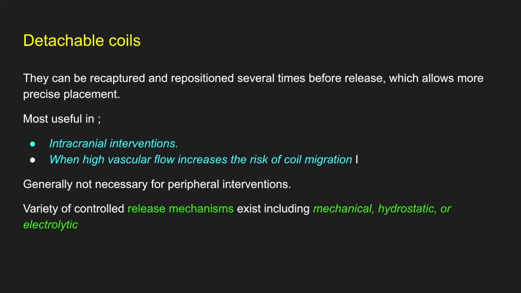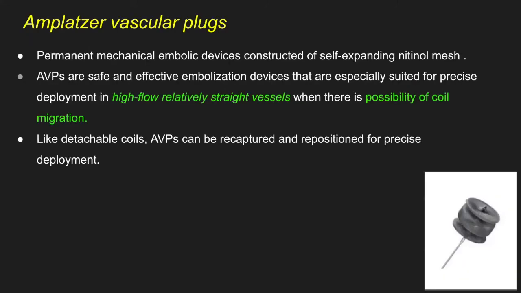Generally not necessary for peripheral interventions. A variety of controlled release mechanisms exist in these detachable coils, like mechanical, hydrostatic, or electrolytic. The major disadvantage of the detachable coils is their longer procedure time and they are very expensive.